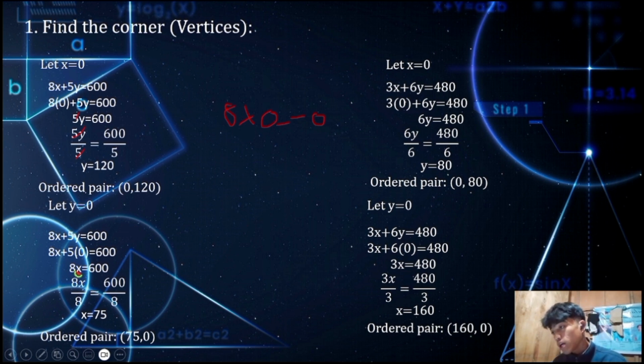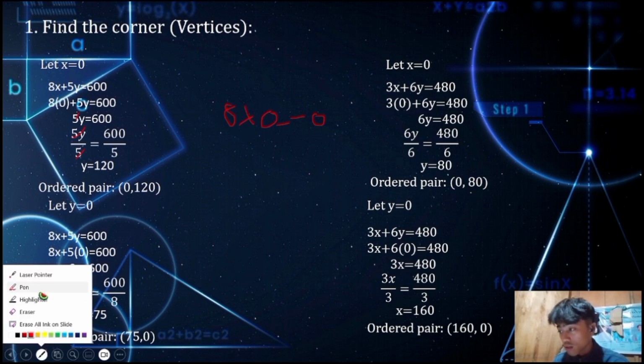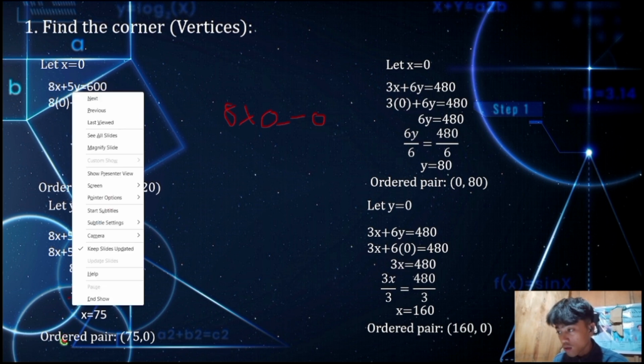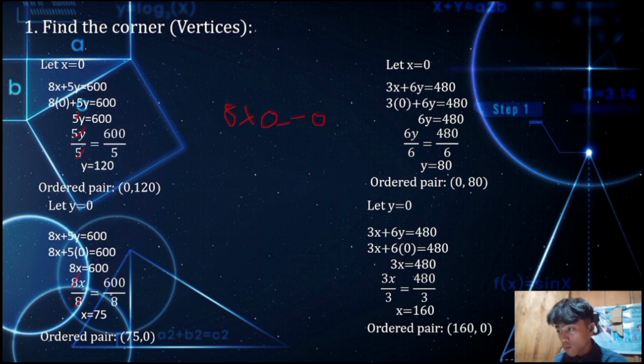So 8x equals 600. We put 8 below to cancel out, and what remains is x. So 600 divided by 8 equals 75. So the ordered pair is (75, 0).